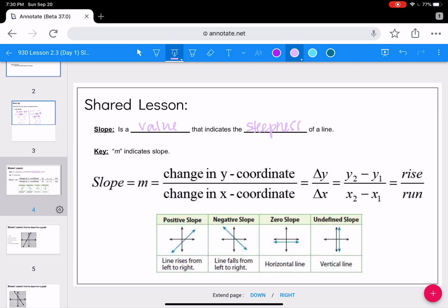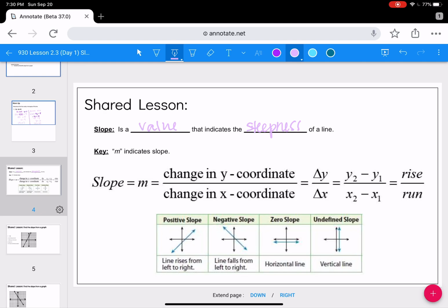We're going to be using y2 minus y1 over x2 minus x1 tomorrow. What we're going to be looking at today is rise over run from a graph. So we're going to utilize that rise over run.